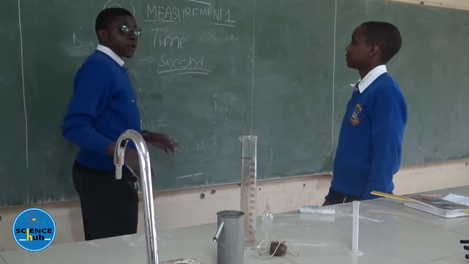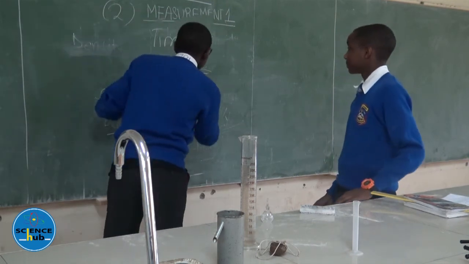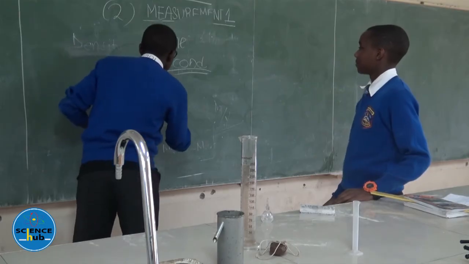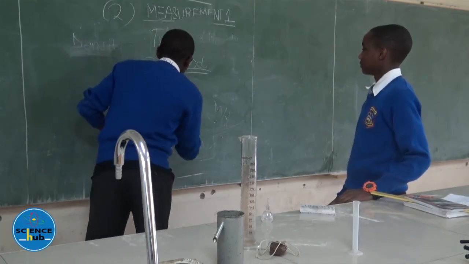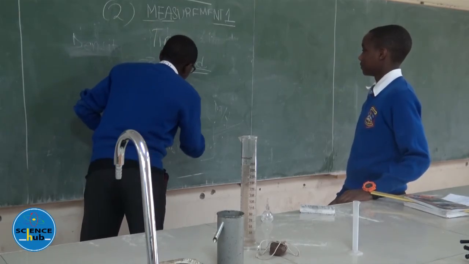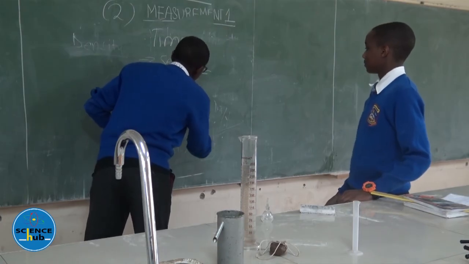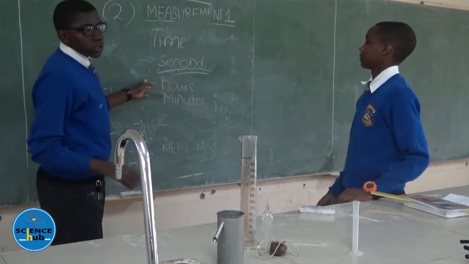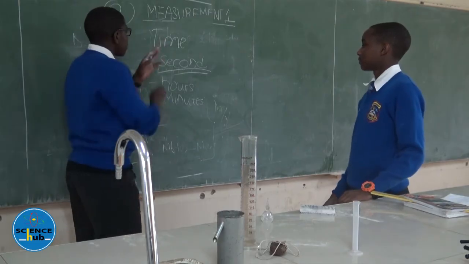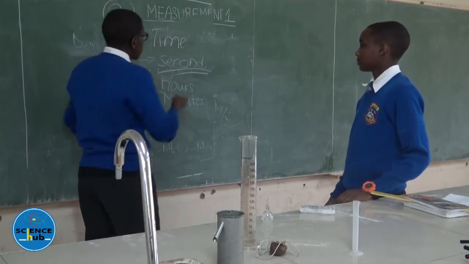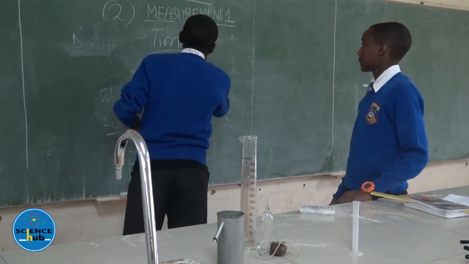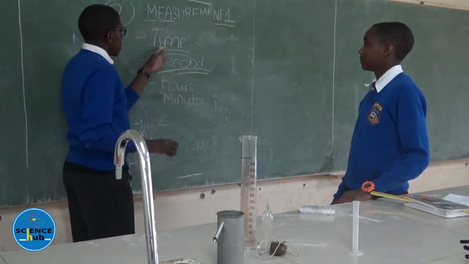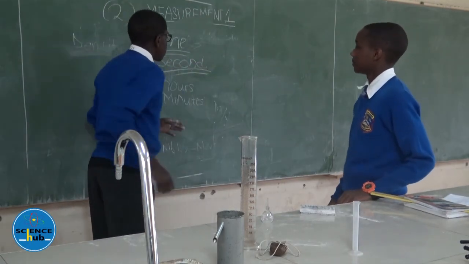And we also have other units of time, which are hours and minutes, which are both derived quantities. And time is not a vector quantity, it's a scalar quantity, because it has magnitude but no direction.